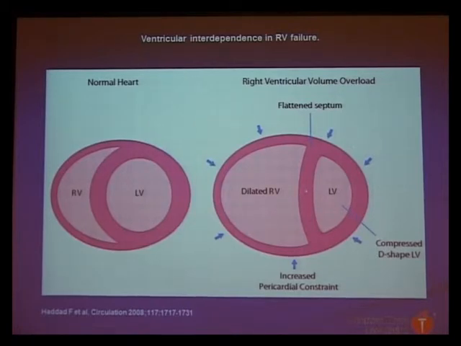And this pushes the septum towards the left side, and so this also compromises left ventricle contraction. And you know that if left ventricle contraction is reduced and diastolic function is reduced, we increase left atrial pressure, and so we also increase the pulmonary pressure, and this is a vicious circle that we should avoid.